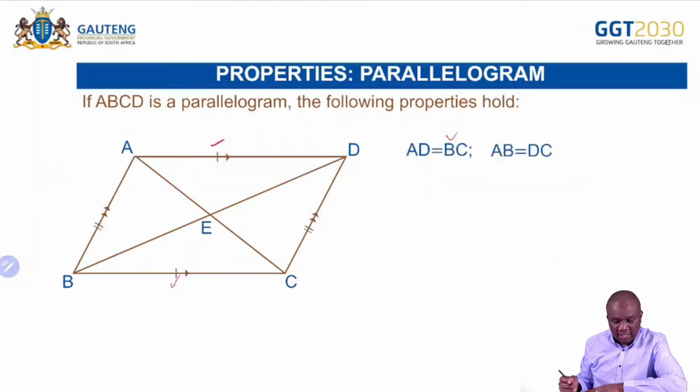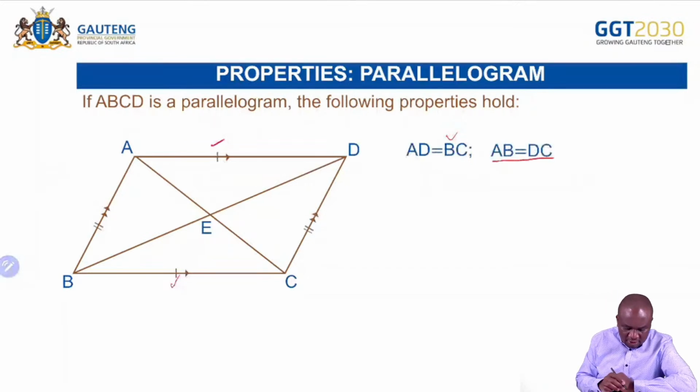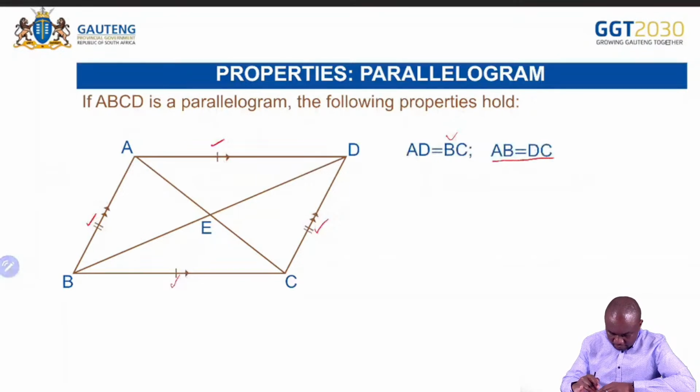Okay, it should be equal. AD is equal to BC, equal in length, and AB is equal to DC. Do you see also I've added these lines? Please add those lines. AB is equal to DC.